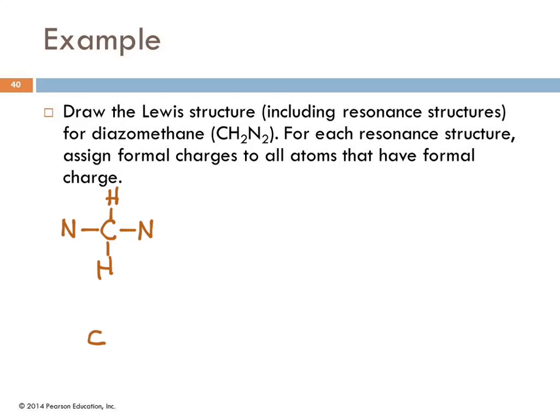Where else could we put those hydrogens? We could put them on the nitrogens, 1 on each. Might be fun. Or we could put both hydrogens on 1 of the nitrogens. We could do that.